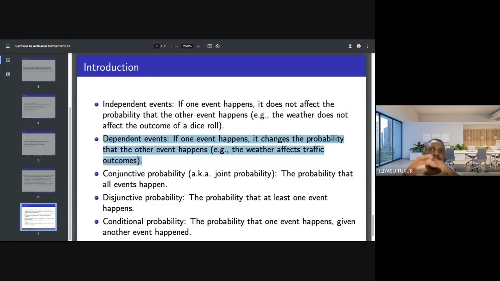So if the probability of snow today or heavy rainfall today is 1, then the probability of traffic can be 0.5 or even 0.7, because these two are connected.